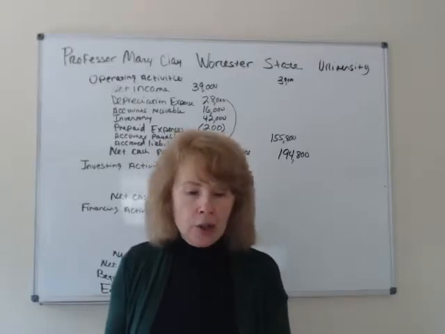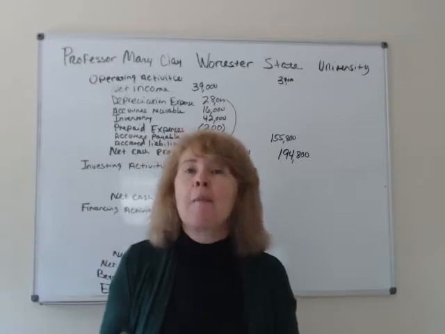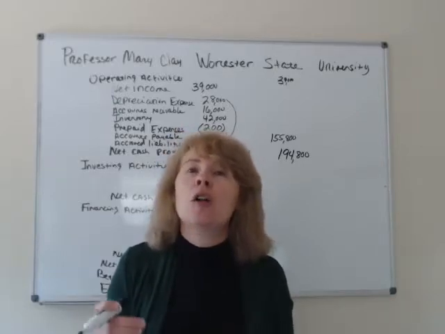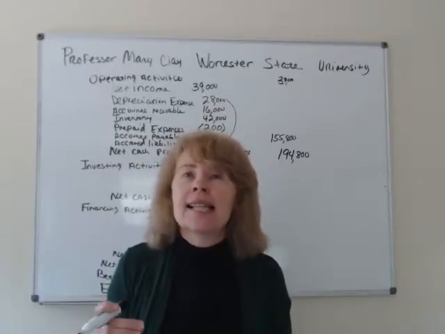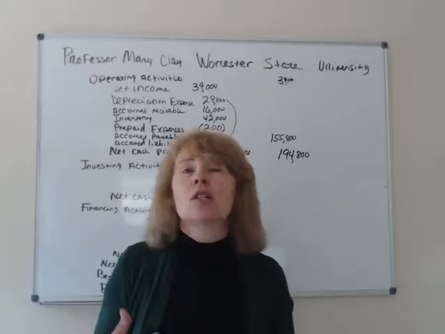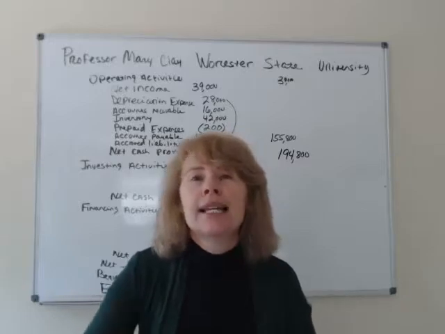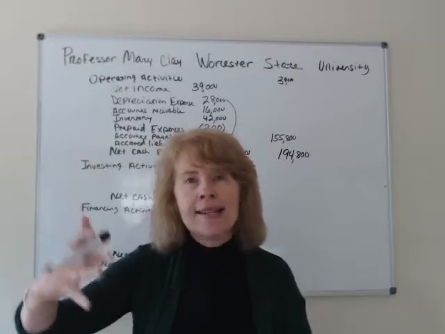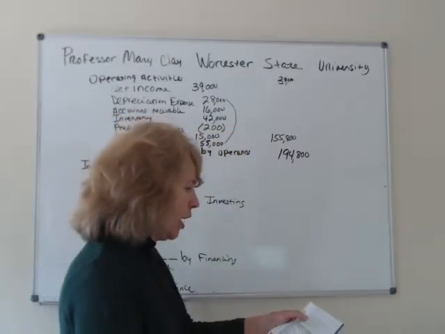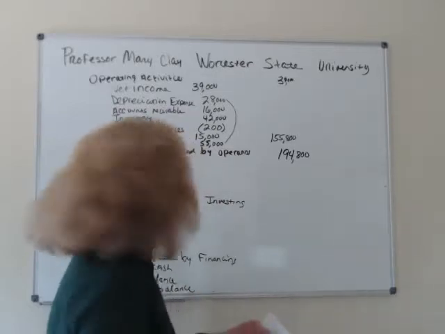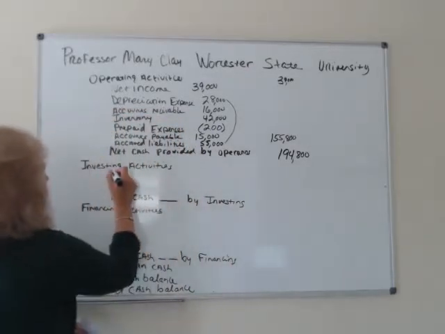All right, so what did they do? They acquired plant assets. Plant assets all go in the investment section. These sections will make sense. So what did they do? They purchased plant assets. Well, cash went down. So what do I do? I go over here and I just put acquisition.